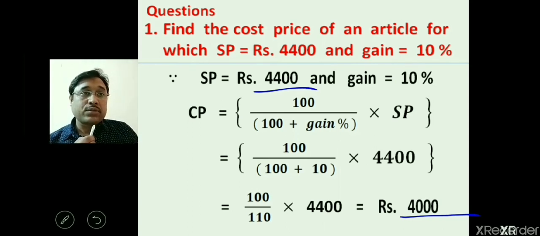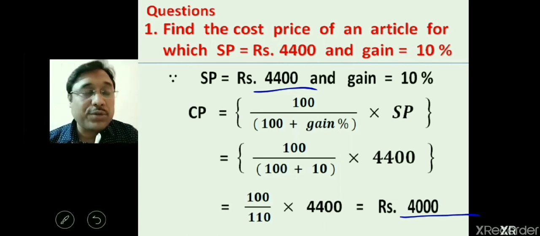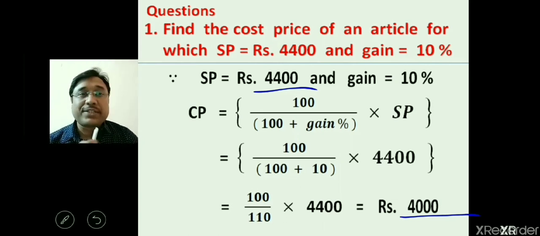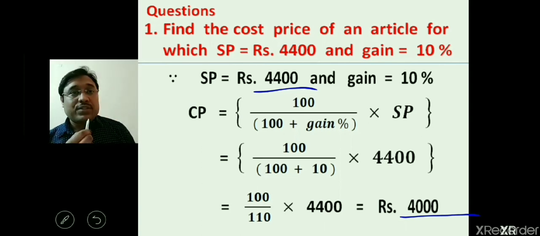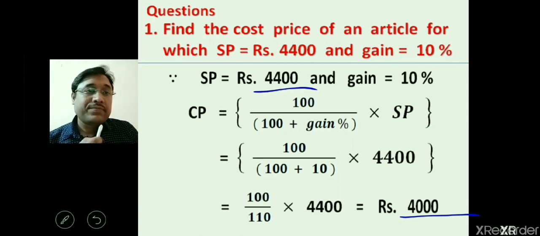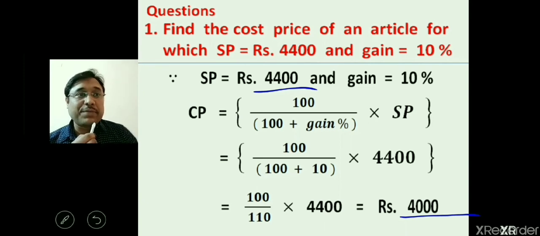You can also find that 400 is the gain, and the gain percent you can also find, because CP you now know is 4,000, so that will come to 10% only. You can check that also. So using this formula you can find the cost price when the selling price and gain percent you know.